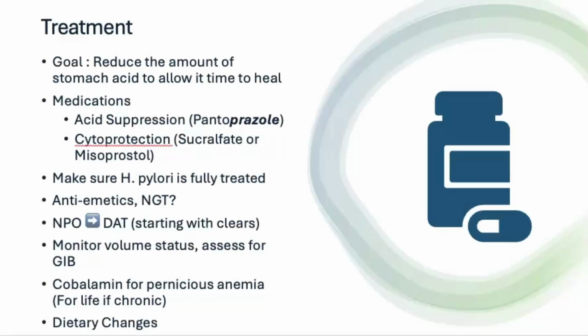And those are available either over the counter or by prescription. So omeprazole is a common one that's over the counter. Pantoprazole or Protonix is what you'll usually see administered IV or PO in the hospital.